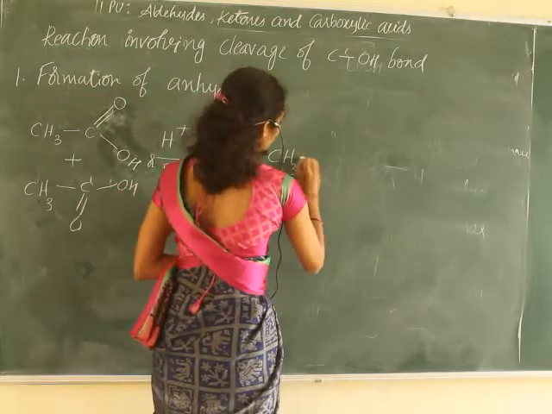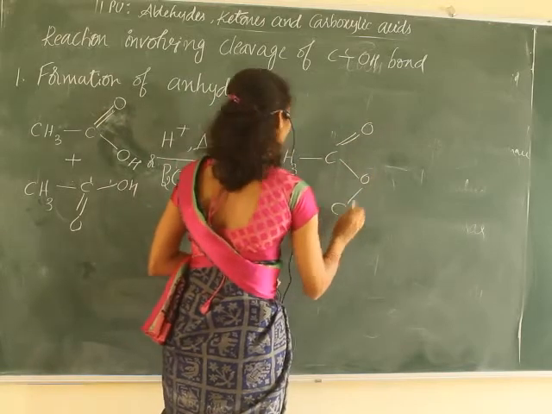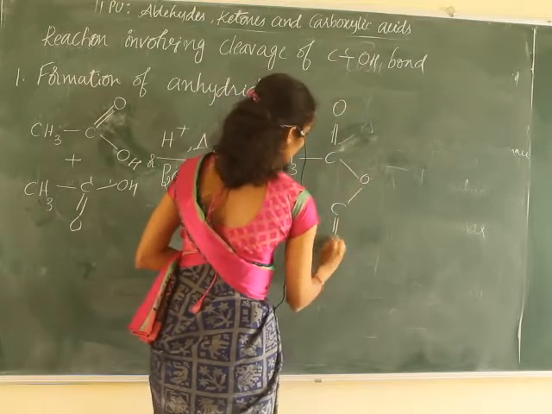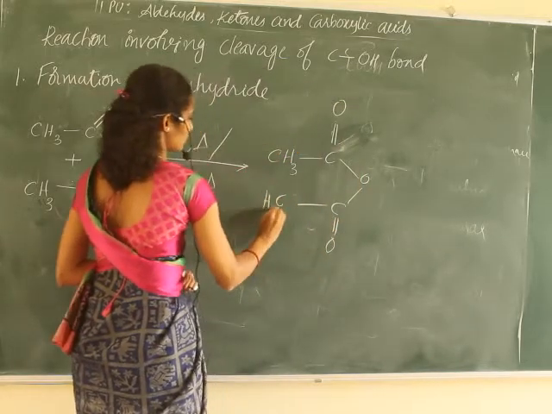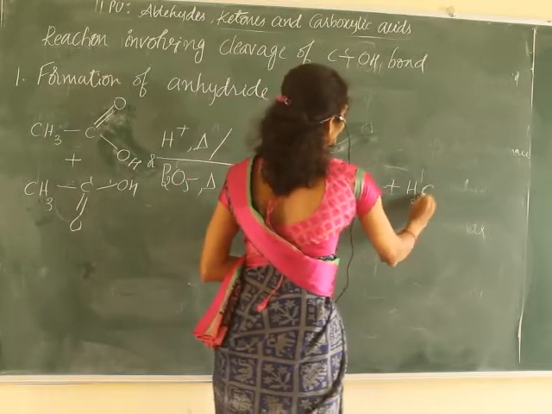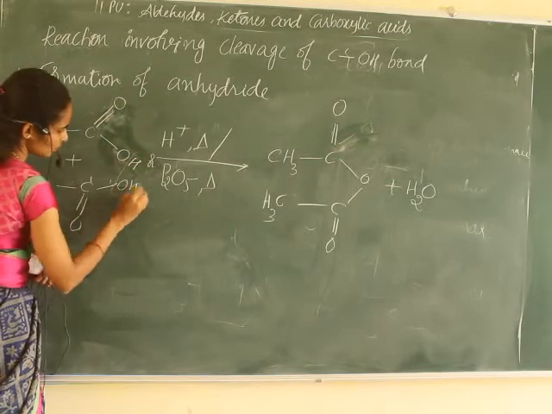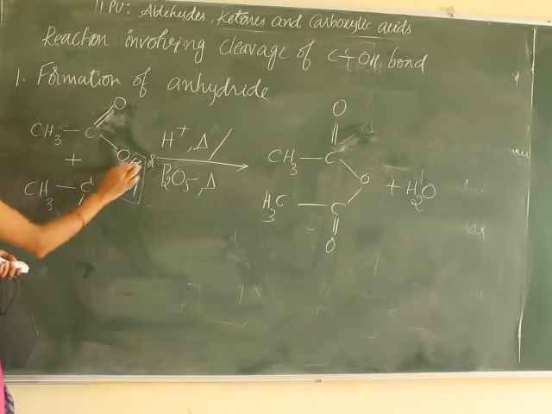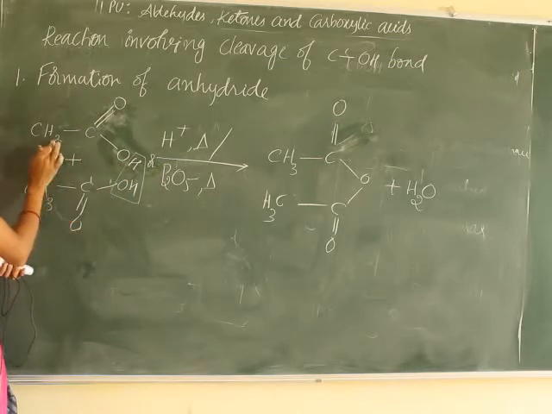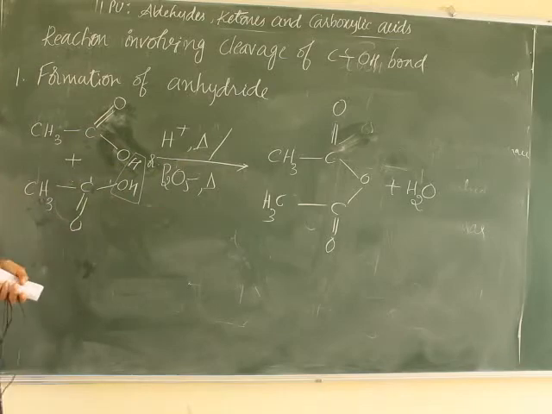So I will write the structure of this anhydride: C double bond O, C double bond O, CH3. One molecule of water is eliminated here as H2O. Just remember like this. H2O will go, and this bond formation takes place here, that is CH3 C double bond O, C double bond O CH3, anhydride.